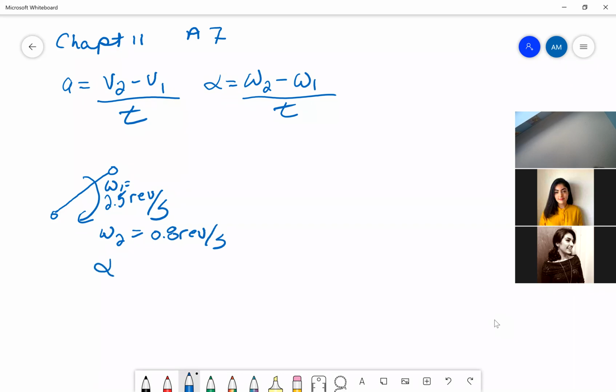The angular acceleration equals negative 0.2 revolutions per second squared. And the answer wants to know the angular displacement, and they want it in units of revolutions.